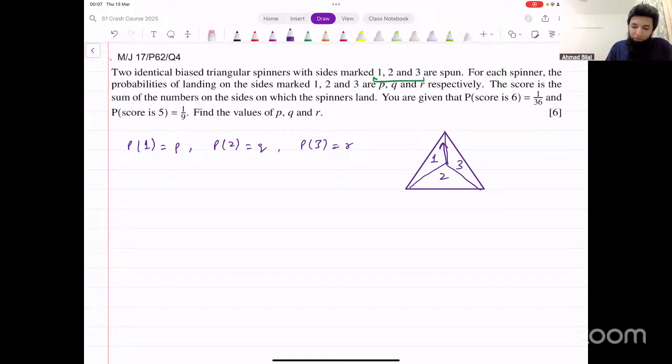Now there are 2 spinners that we are spinning, okay? And then the score is calculated as the sum of the numbers on which the spinners land. Probability of 6 is equal to 1 over 36. Now, how many total possible outcomes can we have? When we are spinning 2 spinners, both of them have 3 sides in total.